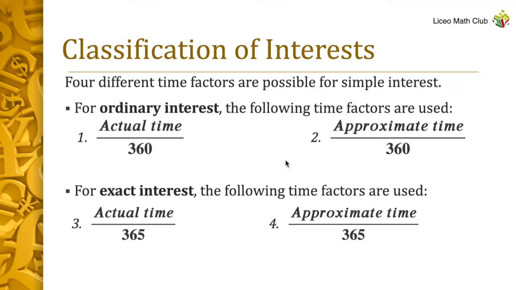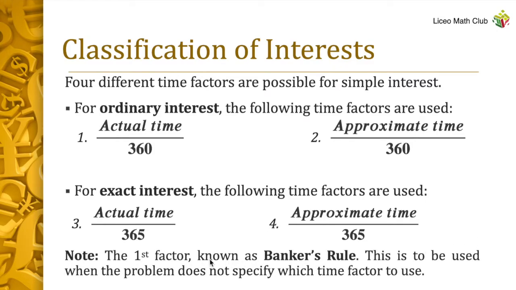So you ask, what is the one that's the default? Ideally the problem should have stated what to use, but if the problem did not state what to use, we have here some remark. The first factor, number 1, actual time over 360, is also known as the banker's rule.